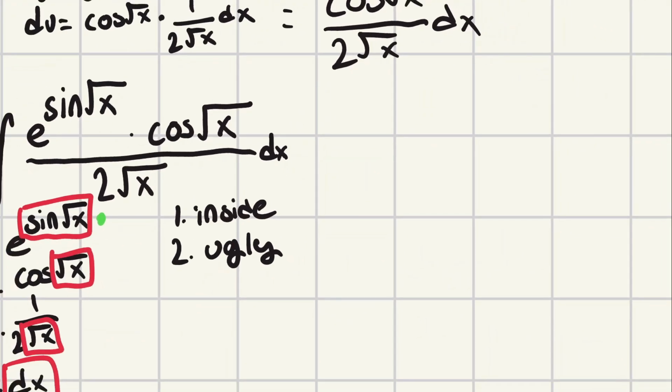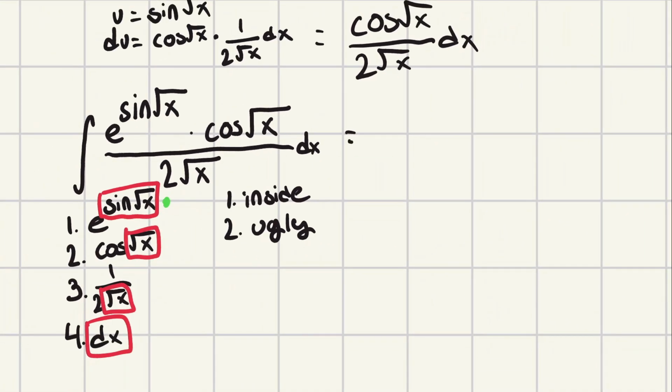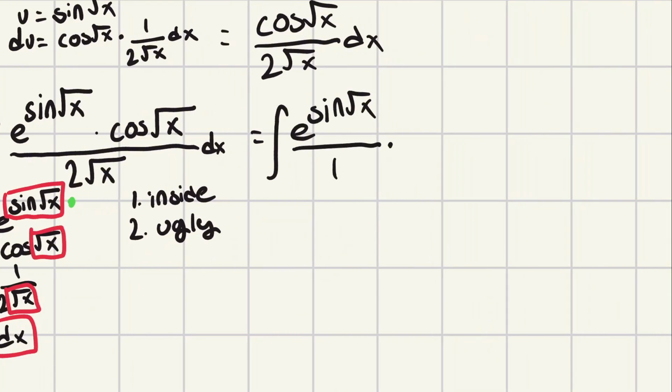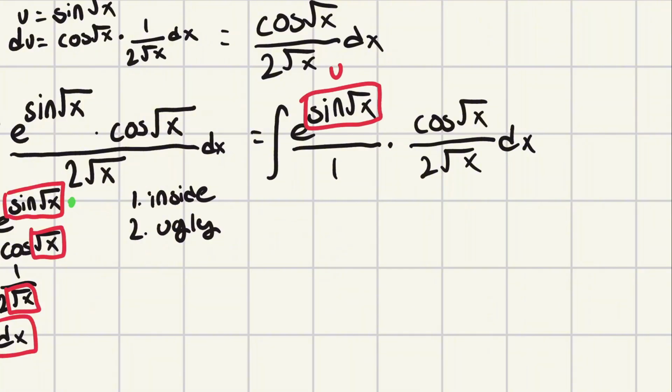And now here's the really cool part. Our original integral can be expressed as something like this. Our integral of e to the power, just say that divided by 1, right? Times cosine, and now look at this. This part right here is replaced by our u.